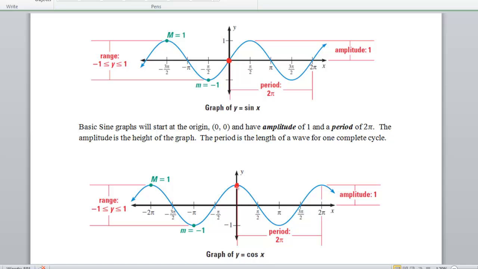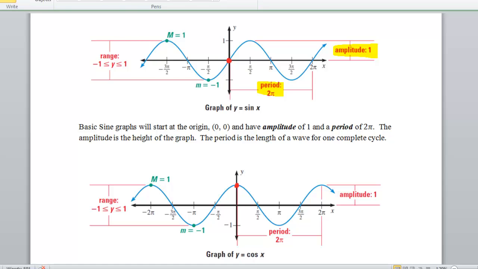Now, if that's all we're doing, if we're just graphing the basic sine and the basic cosine graph, that's really the main difference. Now, there's two parts of this graph that I'm going to want you to know, and it's called the period and the amplitude, and I'm going to discuss each of those.